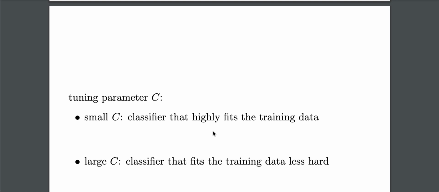Smaller training error means a tendency to overfit. Not necessarily, but we are moving in that direction, right? Large C fits the training data less hard, allows some violations. So, obviously, what's the right C? We chose it using cross-validation, but these are the two extremes.